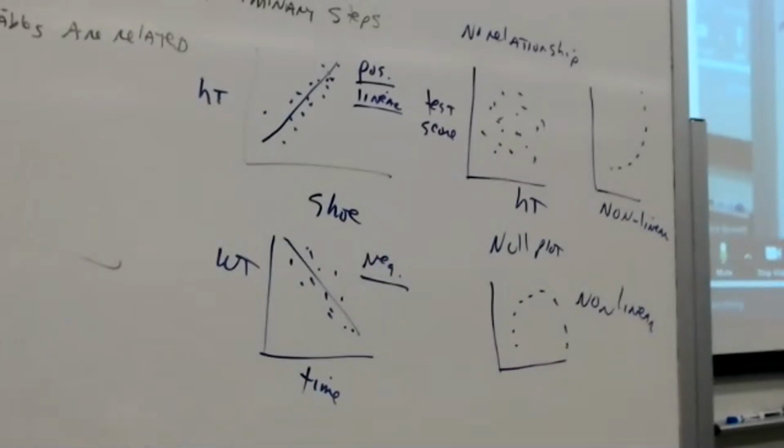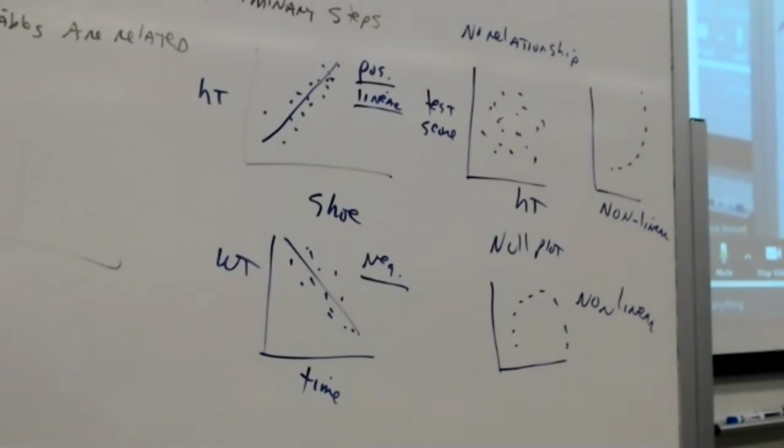Okay, so this would also be an example of a non-linear relationship. So the first thing that you should do when you're trying to figure out if two variables are related, you want to create a scatter plot.